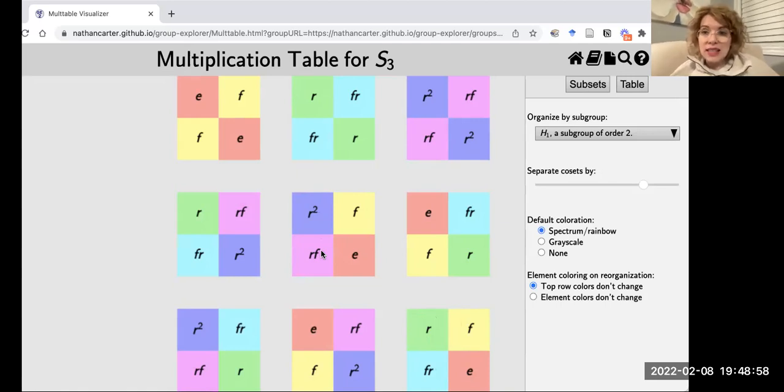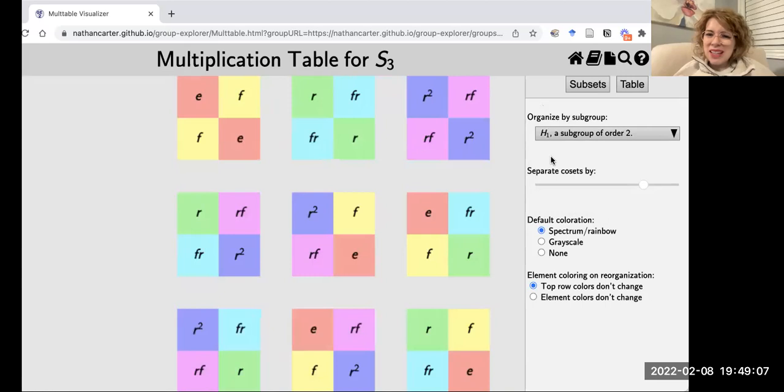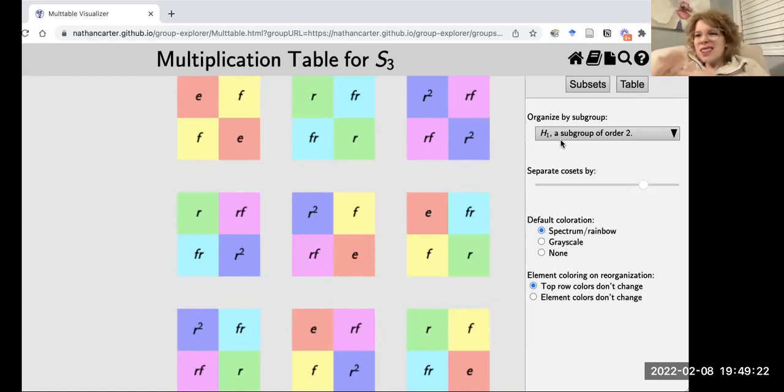We still have cosets, but they somehow are not working as nicely as this type of coset, right? We have them kind of mixed up. And so this is a condition that we're going to talk about in the next part of our study of cosets. Normally we don't look at these ones visually because they're kind of messy, but we still get a nice separation. We still actually get a coset.